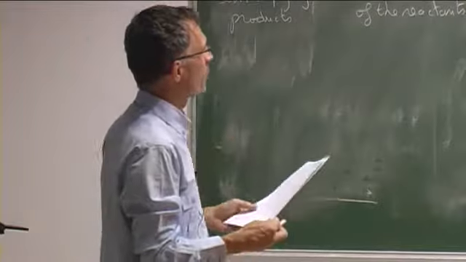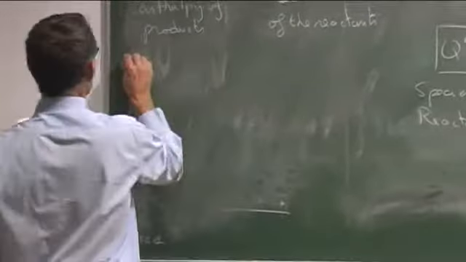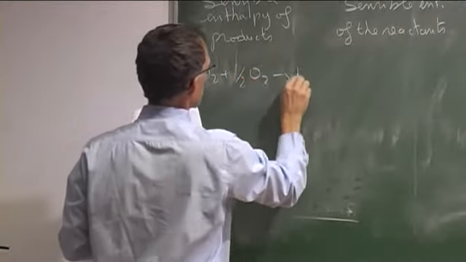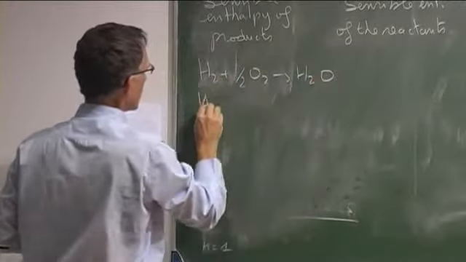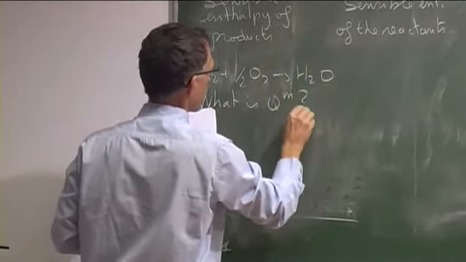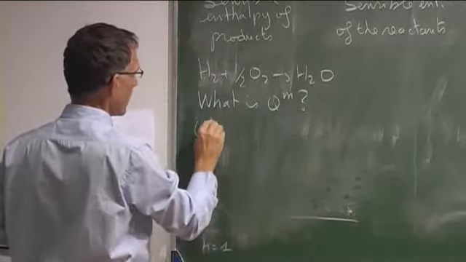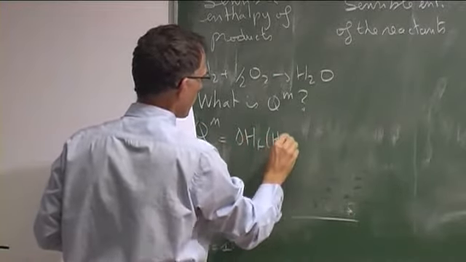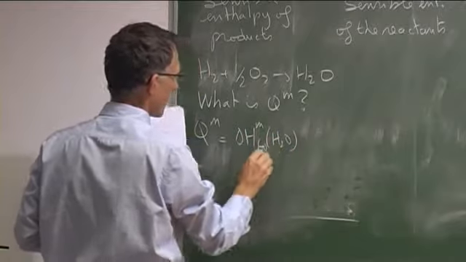So a typical example for Qm, let's do H2 plus 1/2 O2 gives H2O, always my simple example here. What is Qm? Well, Qm here is going to be the heat of formation of H2O, the molar heat.